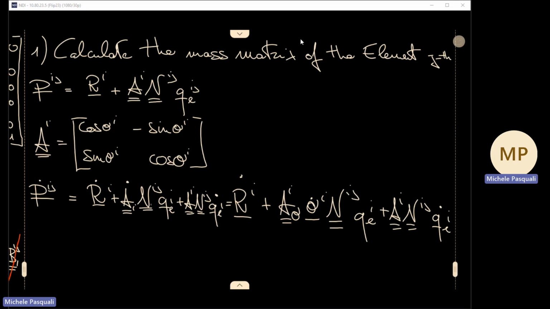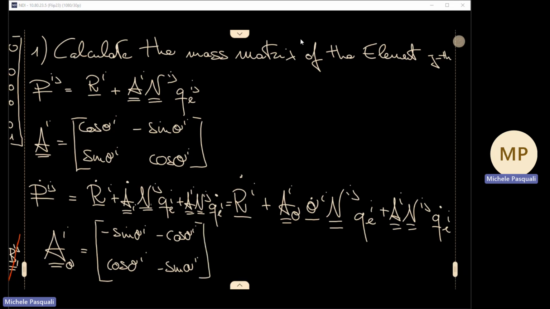So it has to be present when we derive with respect to time, where the derivative with respect to theta of the rotation matrix is straightforward. So it's minus sine of theta I, minus cosine of theta I, cosine of theta I, minus sine of theta I. Of course, it's just the derivation of what we have on top.